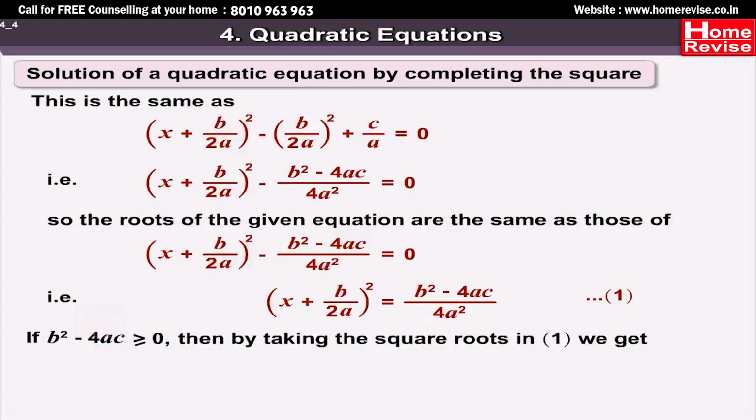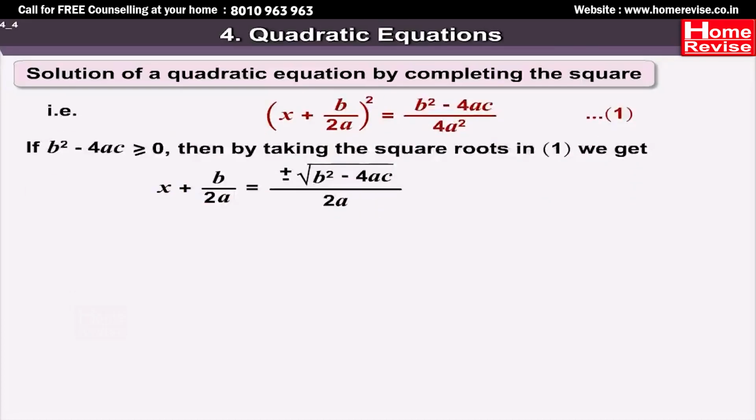If b squared minus 4ac is greater than or equal to 0, then by taking the square roots in equation number 1, we get x plus b upon 2a is equal to plus or minus square root of b squared minus 4ac upon 2a. Therefore, x is equal to minus b plus or minus square root of b squared minus 4ac upon 2a.